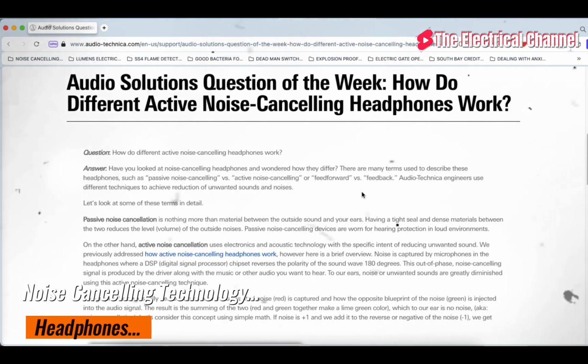There are many terms used to describe these headphones, such as passive noise canceling versus active noise canceling, or feed-forward versus feedback. Audio Technica engineers use different techniques to achieve reduction of unwanted sounds and noises. Let's look at some of the terms in detail.